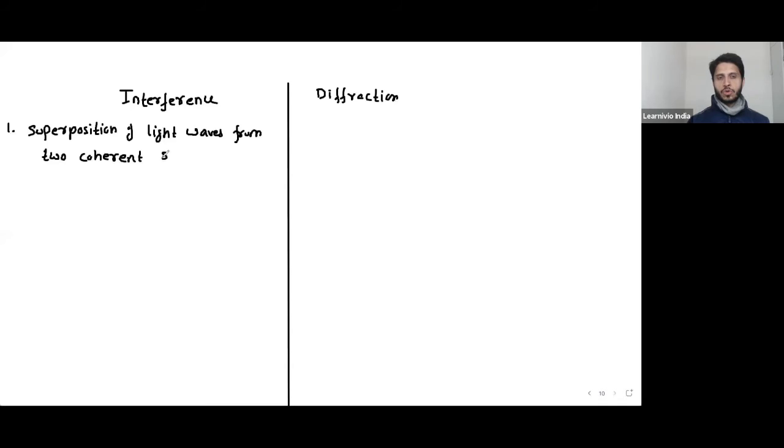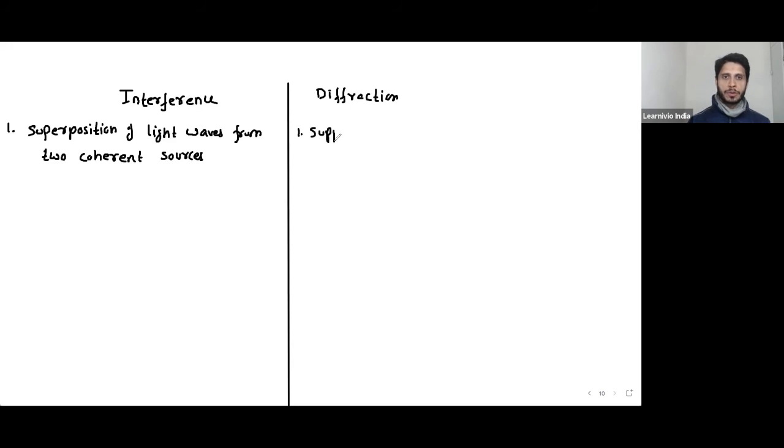So if you have two coherent sources, then light waves coming from these two coherent sources will superimpose to give interference. While in diffraction, you don't have two different waves. It's basically the different wavelets from the same wave that will superimpose.